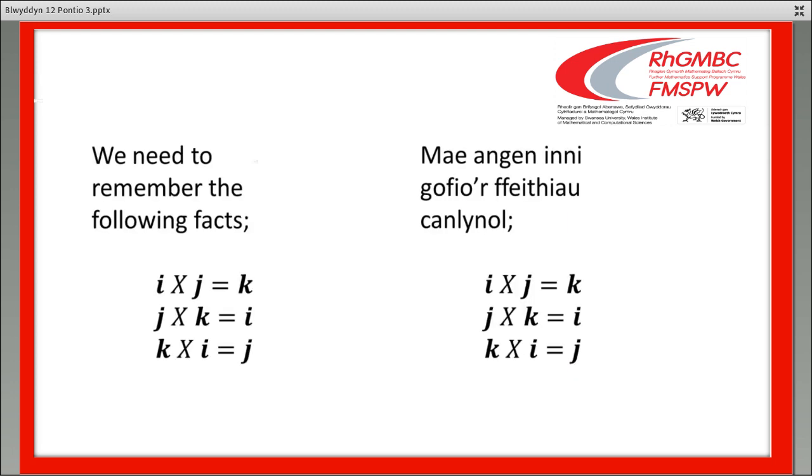Now, there is a little rule. Those are your facts. That I cross J equals K. J cross K equals I. And K cross I, oh my goodness, equals J. Now, if you do it in a cyclical fashion, you get the following.